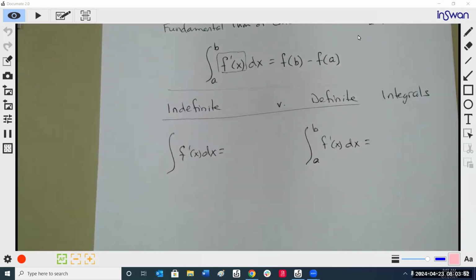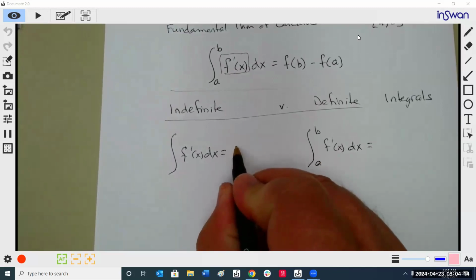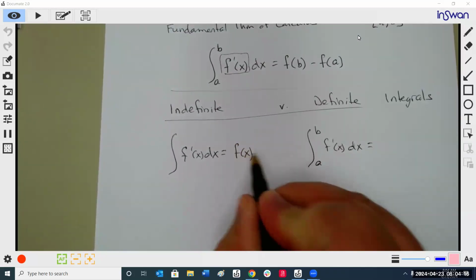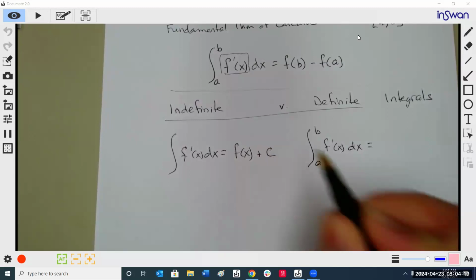So the difference comes in, what do they give us as an answer? Very good. What the indefinite does is we'll get an integral, but we'll also have a constant.